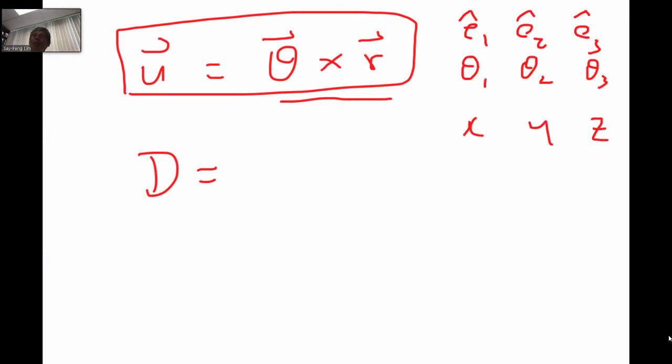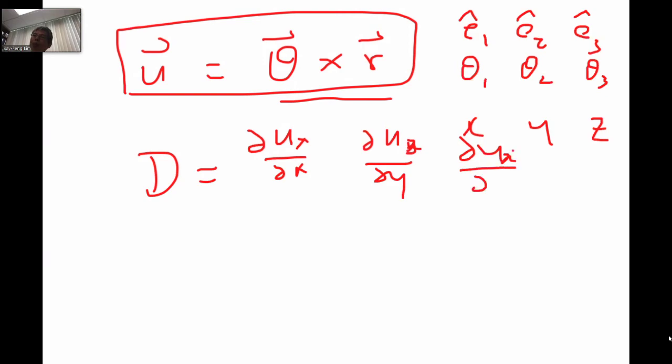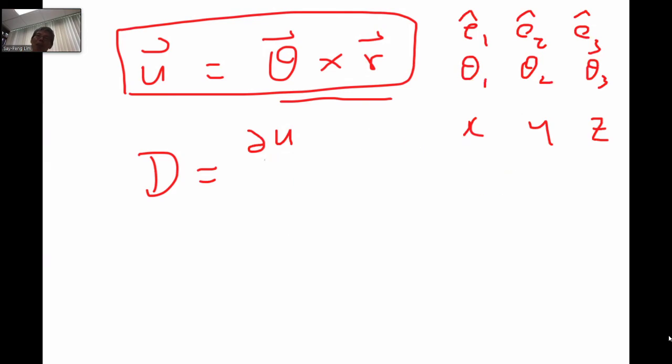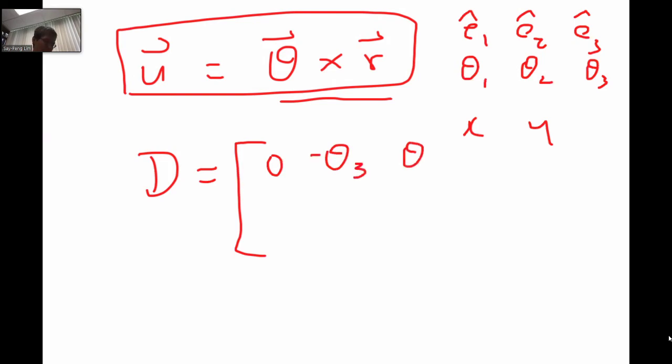So you take this, you would know what u sub x, u sub y, u sub z is, and you would get partial ux by partial y, and partial ux by partial z, and so on and so forth. And if you were to do this, well, I've done this several times, and what I end up with is a matrix that is different than what is in the book by an overall sign. That's what I get.